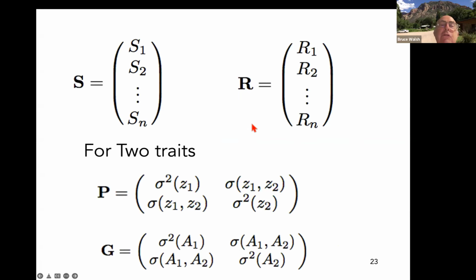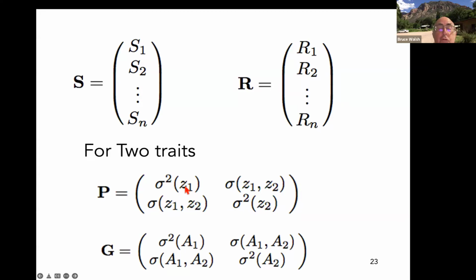So what exactly is going on here? S is this vector or list. Within generation change in trait 1, within generation change in trait 2, within generation change in trait N. And now you have no idea about what the actual targets of selection are. I just give you these and don't say anything else. R is the expected change in the offspring in trait 1, expected change in the offspring in trait 2, expected change in the offspring in trait N. What connects these are these phenotypic and genetic variances and covariances.